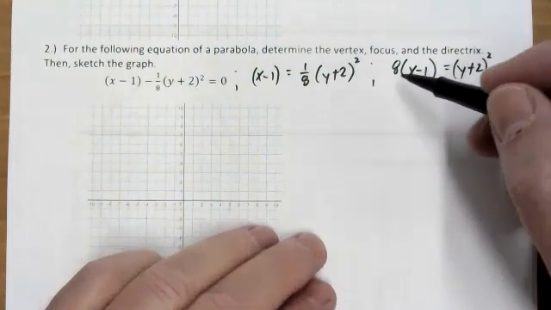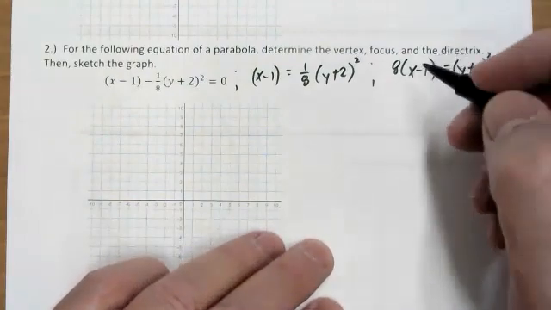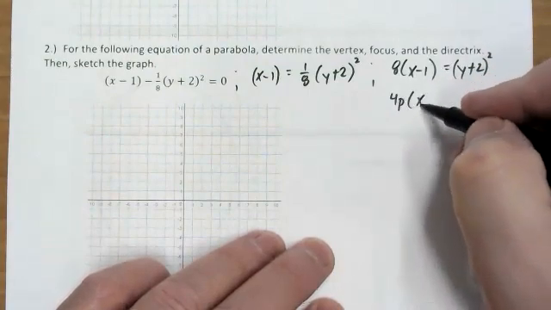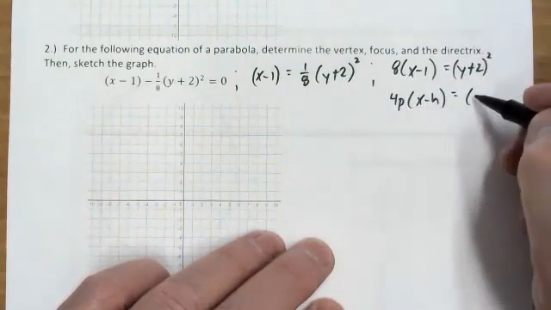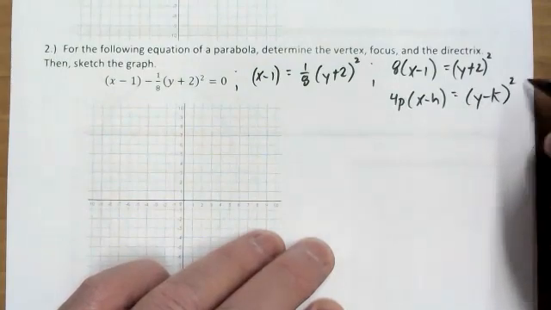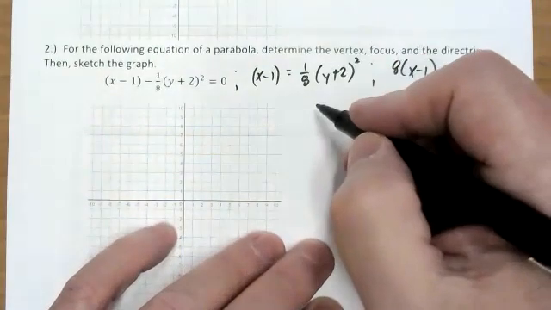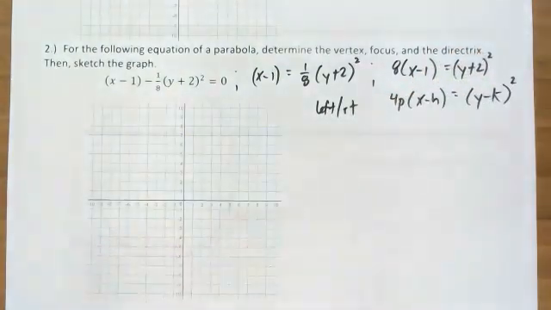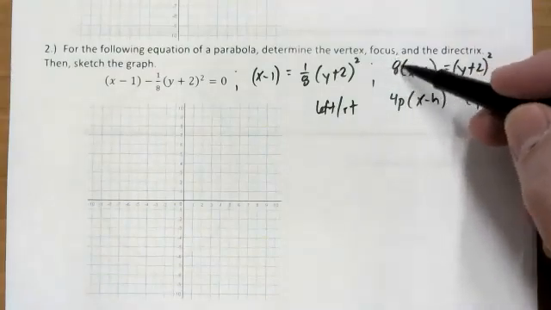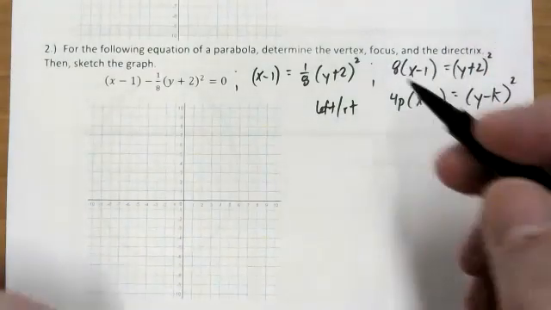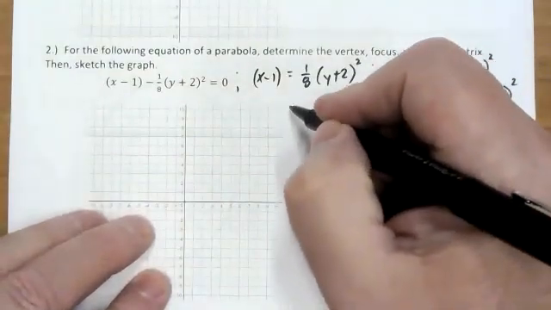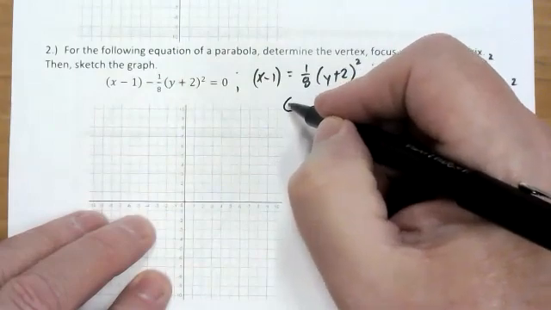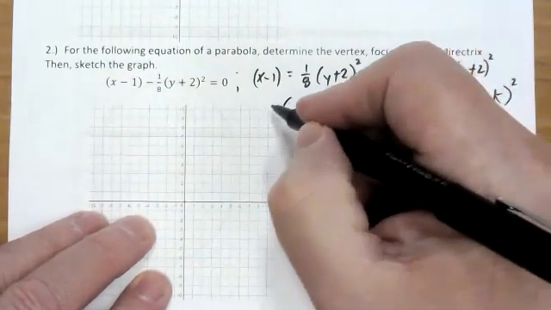Matter of fact, let me write down the standard equation. So it's this right here, 4p times x minus h equals y minus k squared. So once again, this is an equation for a left or right parabola. And if I look at my number here, since it's positive, now with left and right, so here's a right opening parabola because it goes to the right.